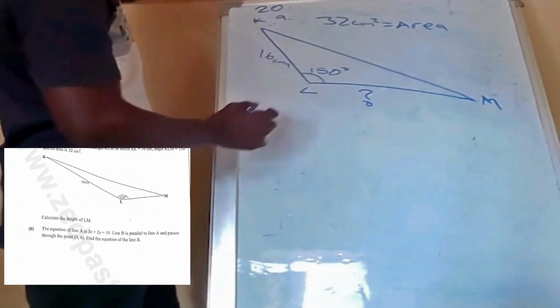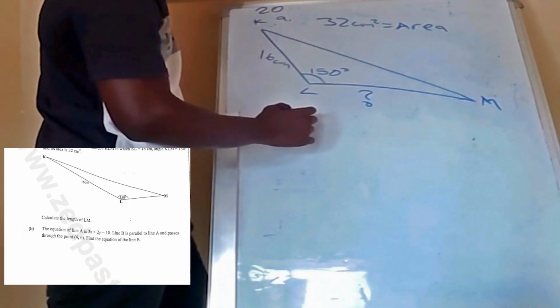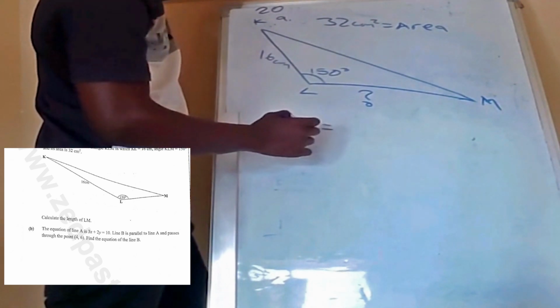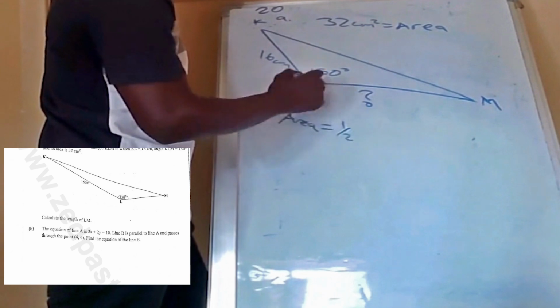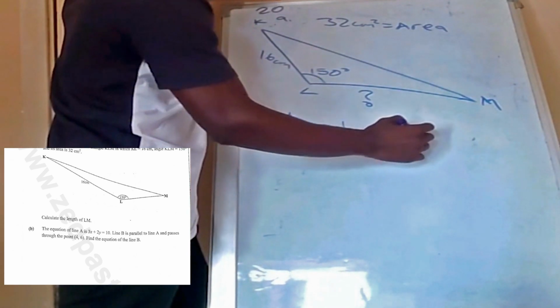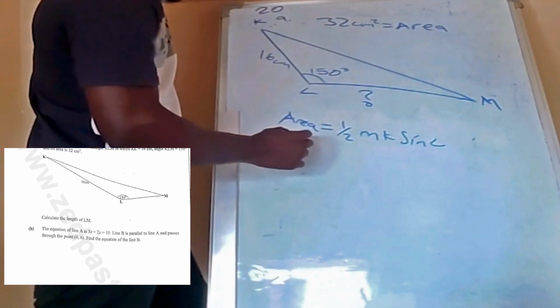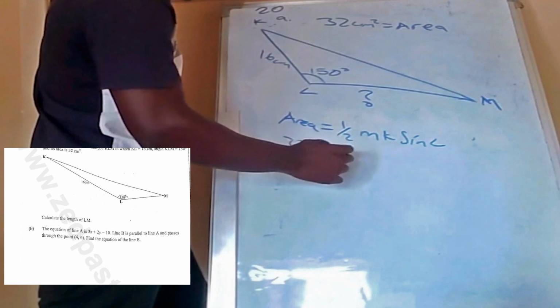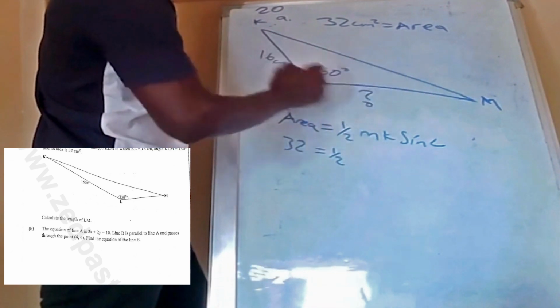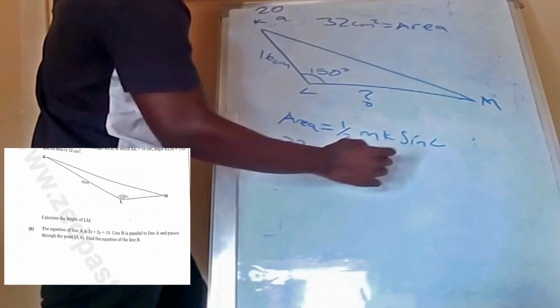So we come back to that formula, that equation. We said the area is equal to half MK sine L. We've got the area, so we'll put 32 equals half, where there's M, which one is M? 16. Where there's K, we'll leave it as K, that's what we're looking for.